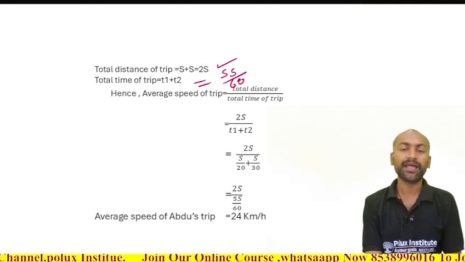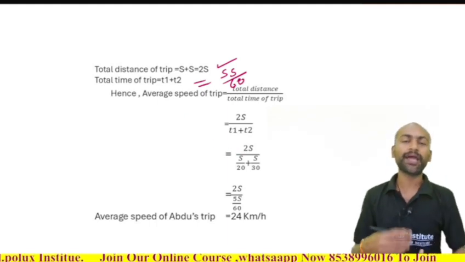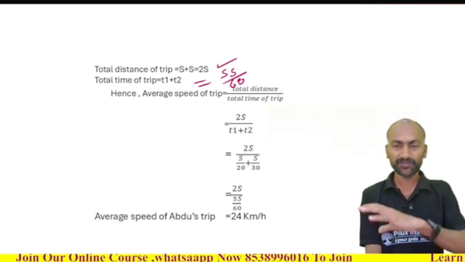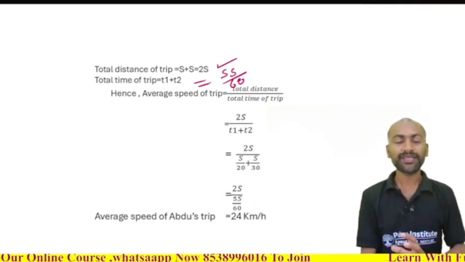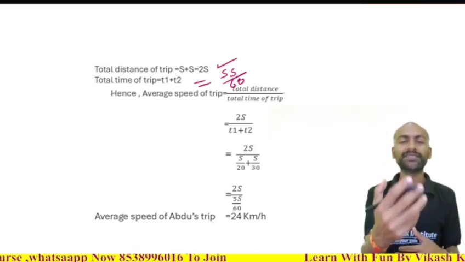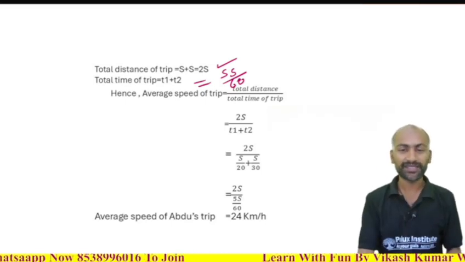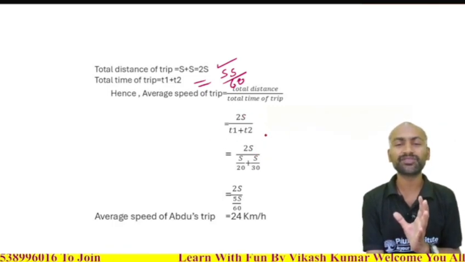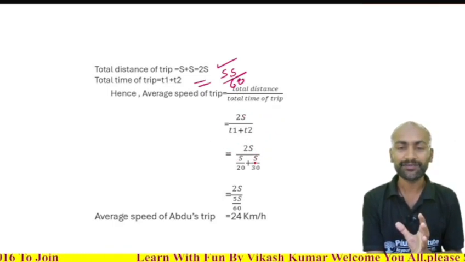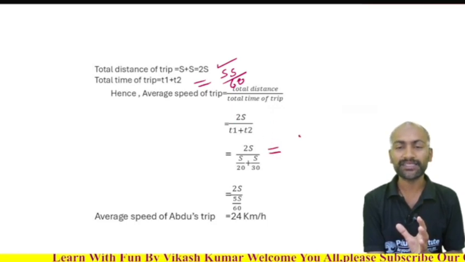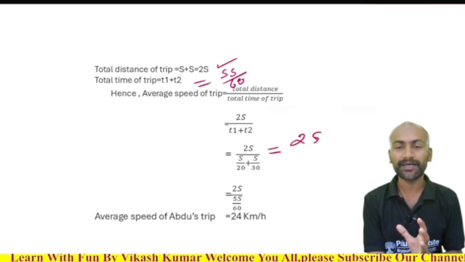Super. Now we have to calculate the average speed of this trip. So the average speed of the trip can be written as total distance by total time, where the total distance is 2S and the total time is T1 plus T2.